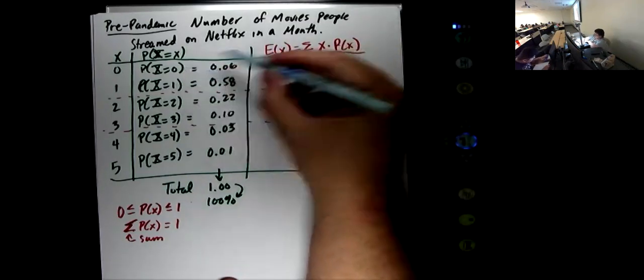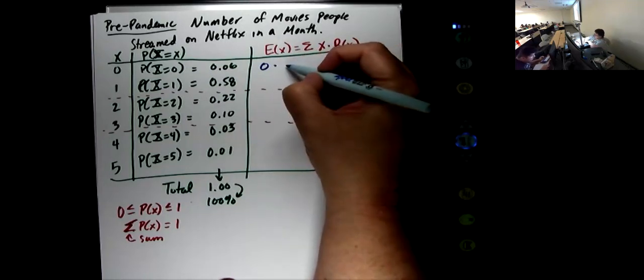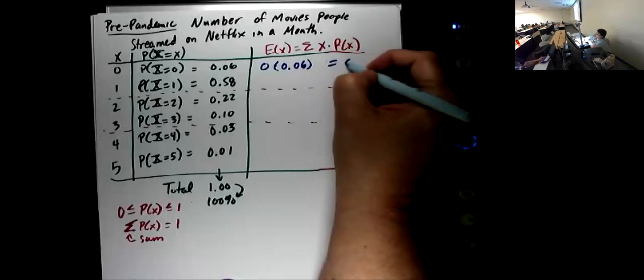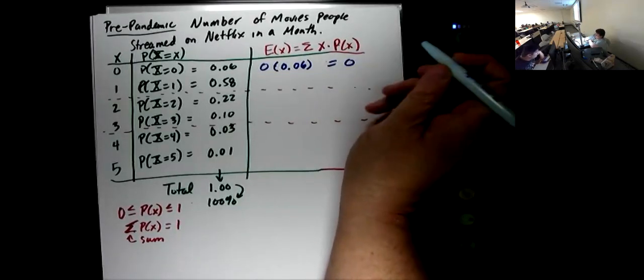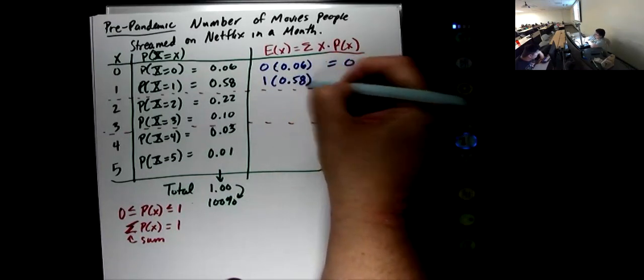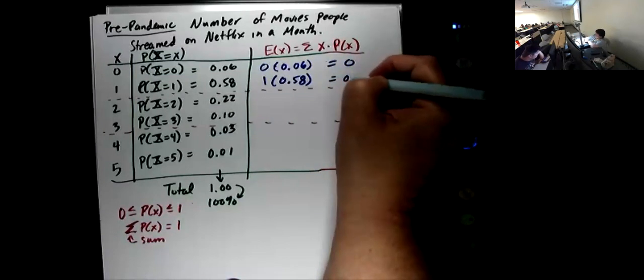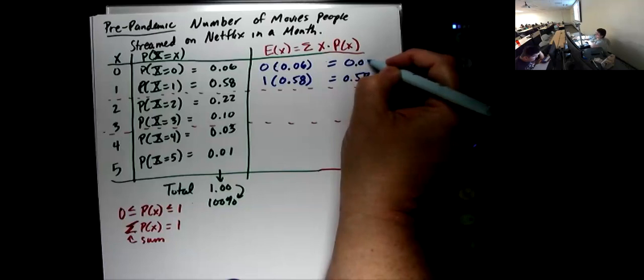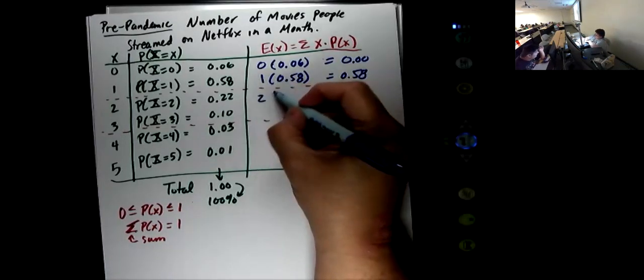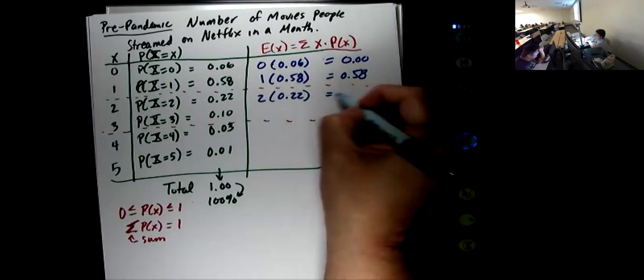I have X is 0 times the probability 0.06, which is 0. And then I have 1 times 0.58, which is 0.58. The probability of getting a 2 is 0.22. I multiply those together, I get 0.44.